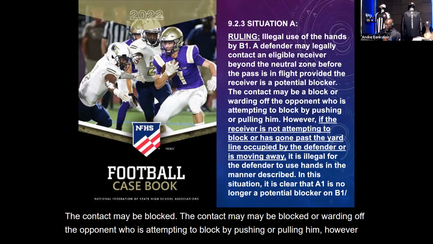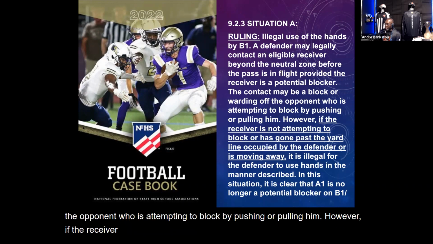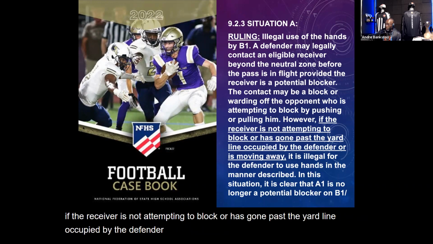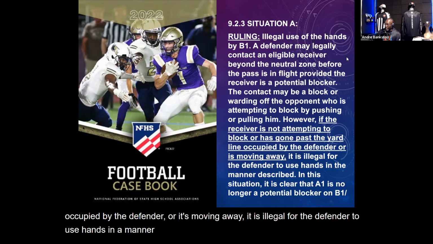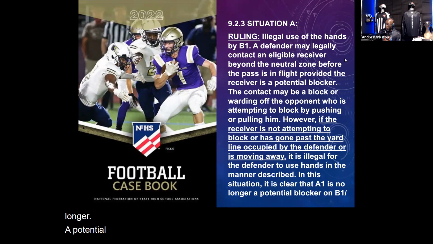However, if the receiver is not attempting to block or has gone past the yard line occupied by the defender or is moving away, it is illegal for the defender to use hands in a manner described. In this situation, it is clear that A1 is no longer a potential blocker on B1.